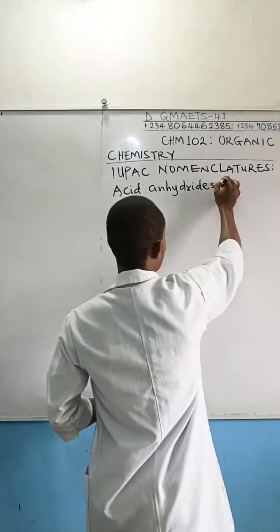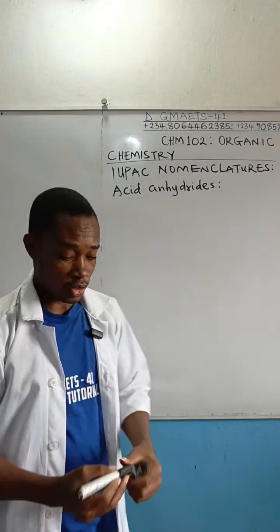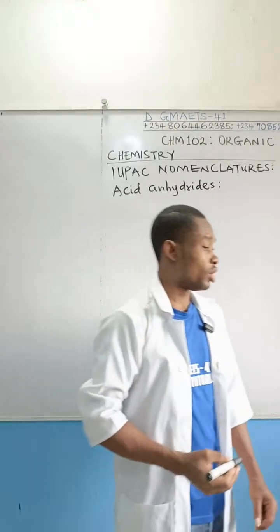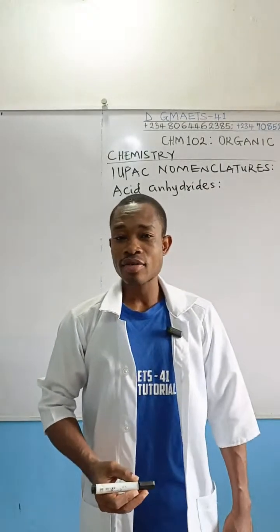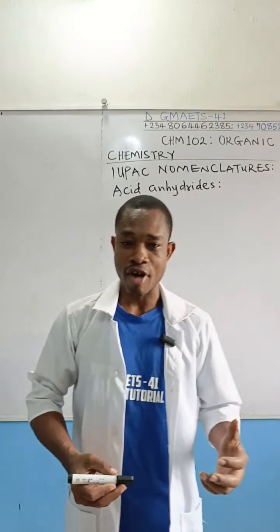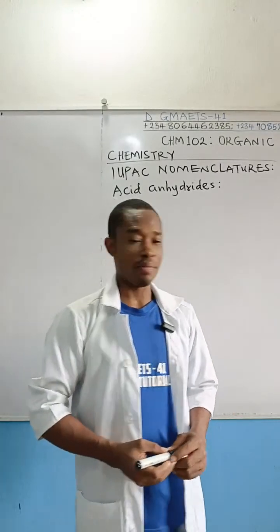These are the ones you are going to consider first, after which we'll look at the nitriles, also known as alkanonitriles, and we'll conclude with amines.